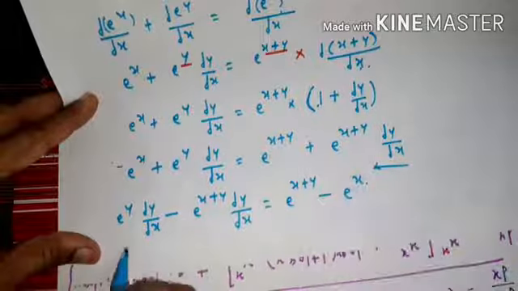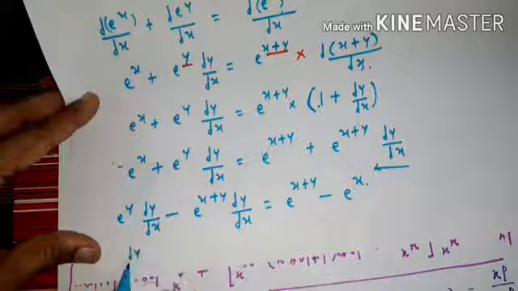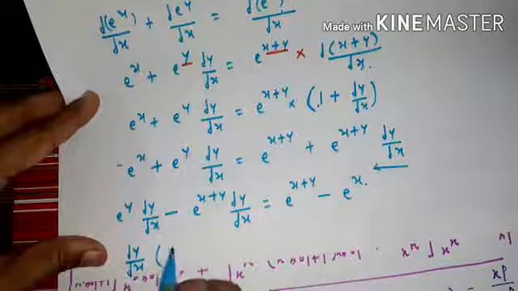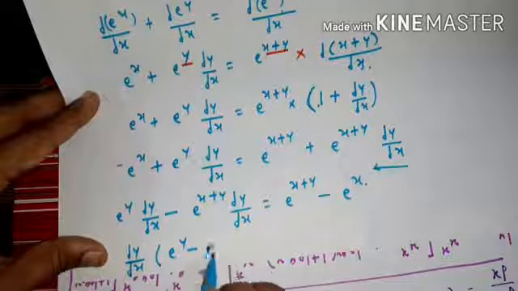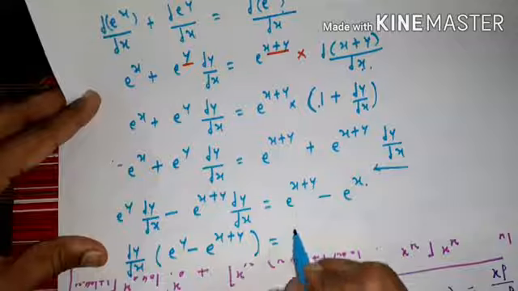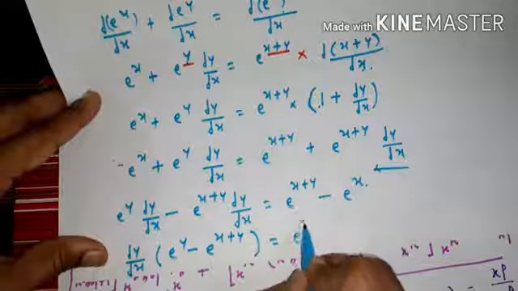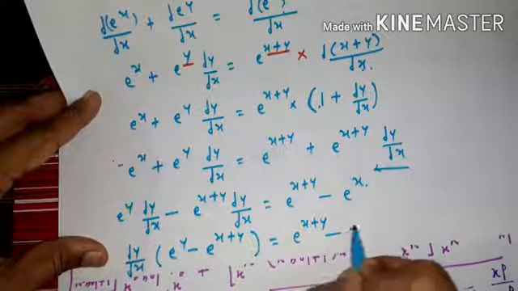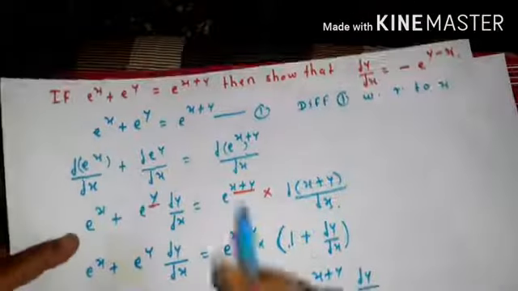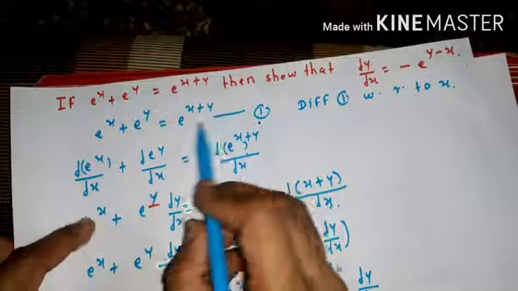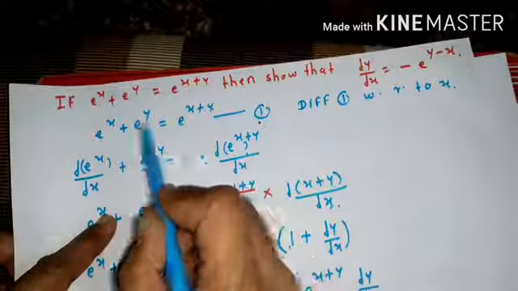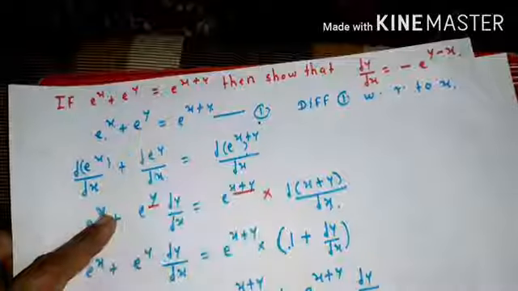Now common out dy by dx, we get e raised to y minus e raised to x plus y equal to e raised to x plus y minus e raised to x. Okay students, but from step 1, e raised to x plus y is e raised to x plus e raised to y.